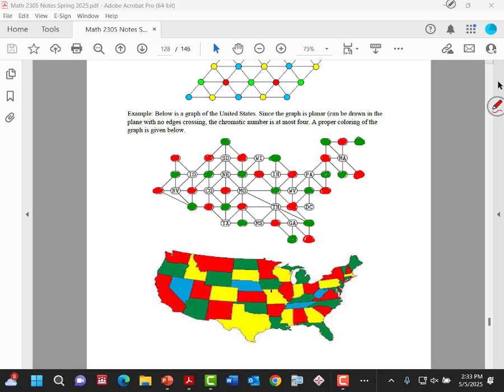So notice, no two greens are touching each other, no two reds are touching each other.